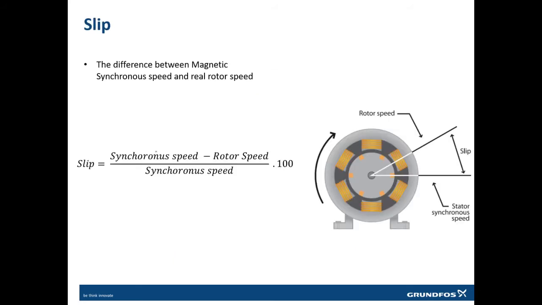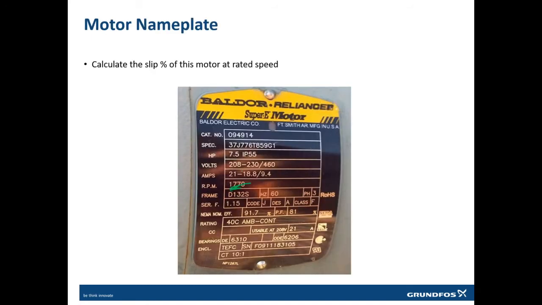And this is the very simple formula for slip. It is just the percentage: synchronous speed minus the rotor speed, which is the actual speed at which the rotor is rotating. The motor nameplate speed which you will get is always the actual speed of the rotor. It is not the slip. It is not the synchronous speed of the motor.